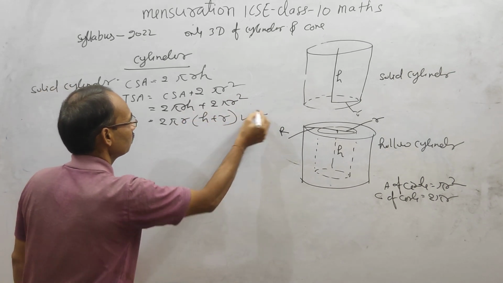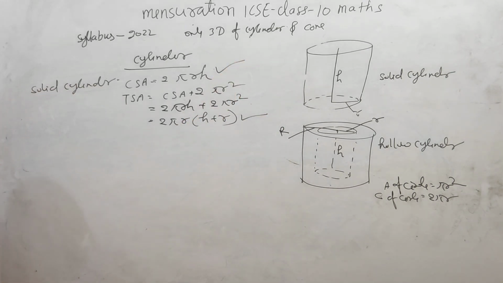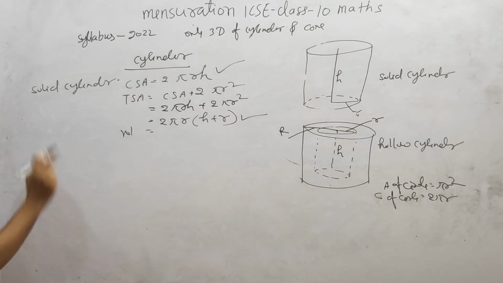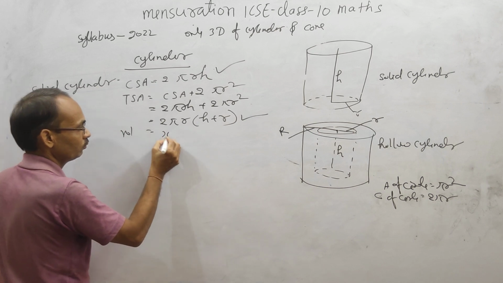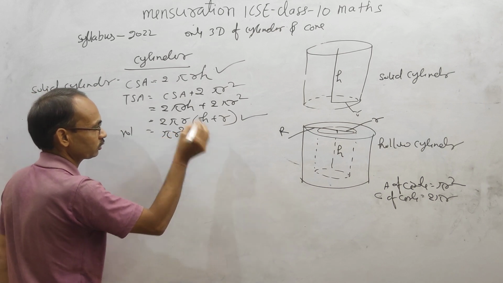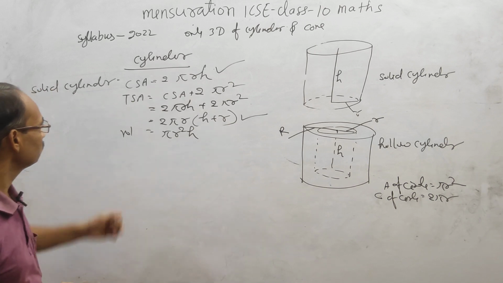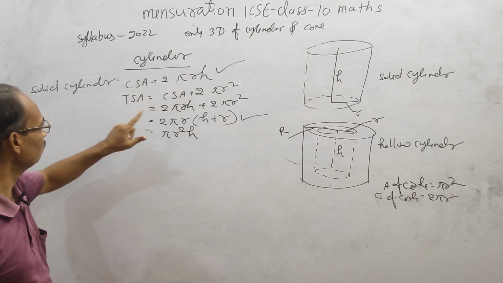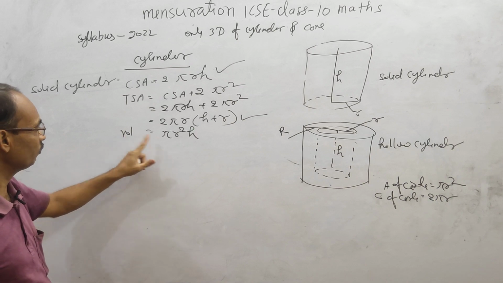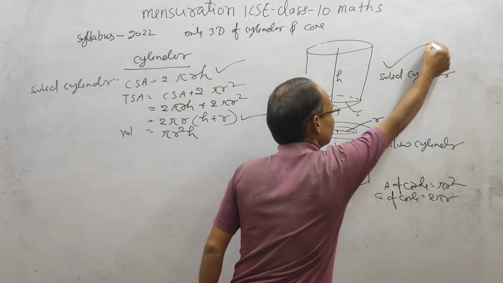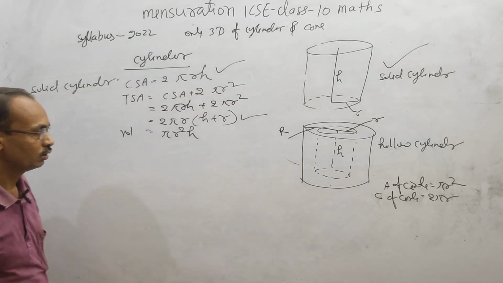And the volume of the solid cylinder is pi r square h. So note down the three formulas: curved surface area, total surface area, and volume of the solid cylinder. The solid cylinder topic has been clear.